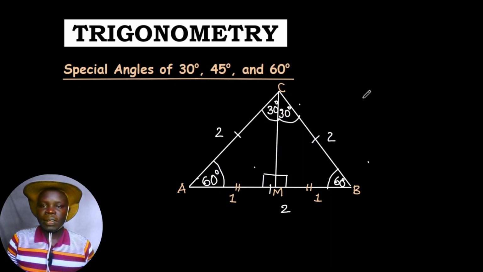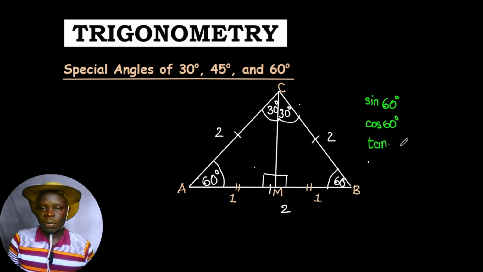Let's start here: sine of an angle 60 degrees, cosine of an angle 60 degrees, and also tan of an angle 60 degrees.